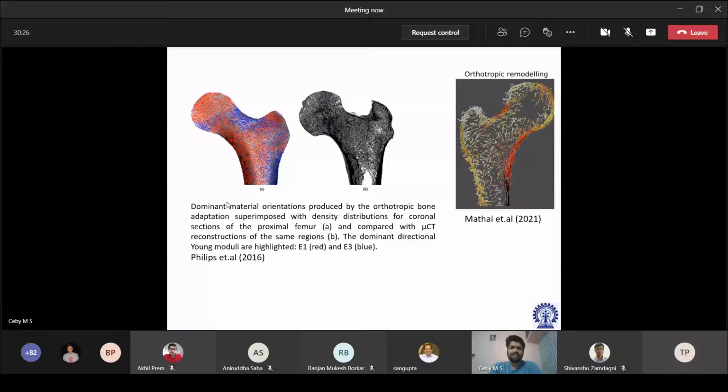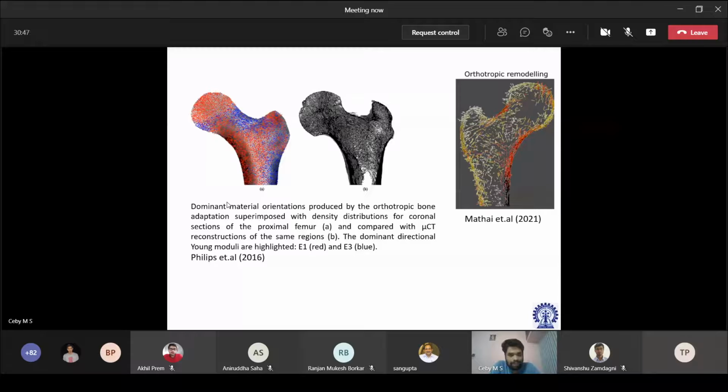So this orthotropic remodeling gives a clearer picture as compared to the isotropic assumption for the trabecular architecture of the bone, proximal femur. Here, a similar picture you can see. It has been already mentioned. What is red and blue?